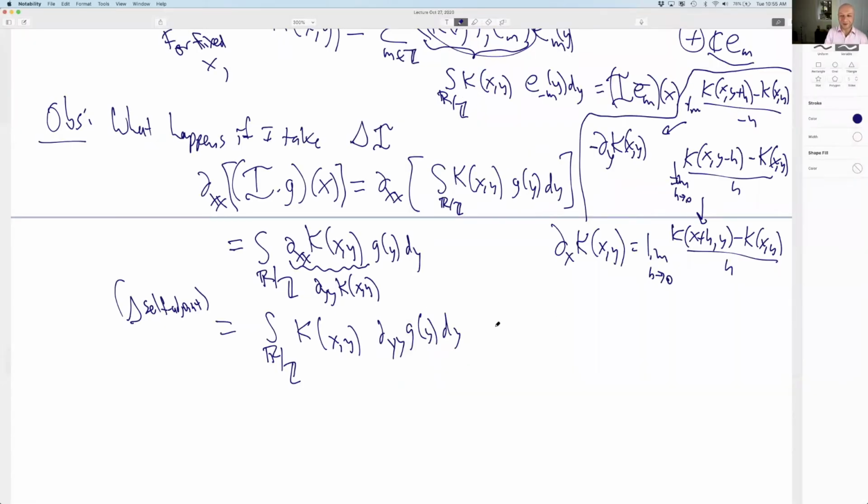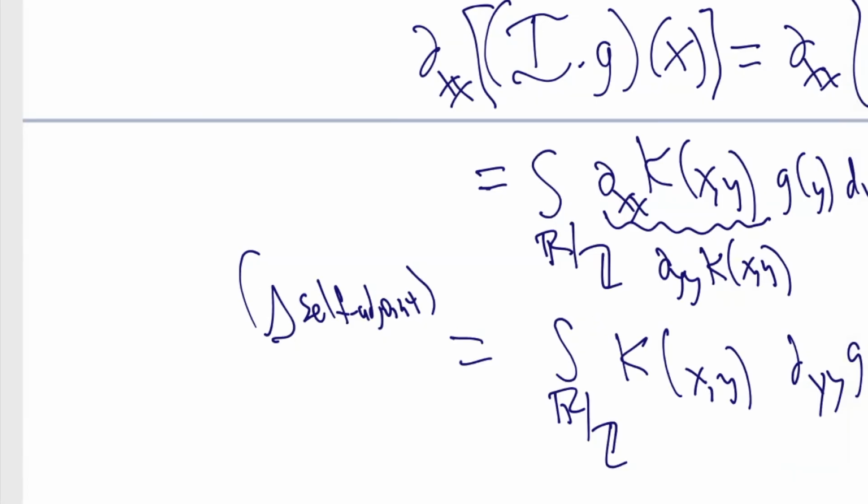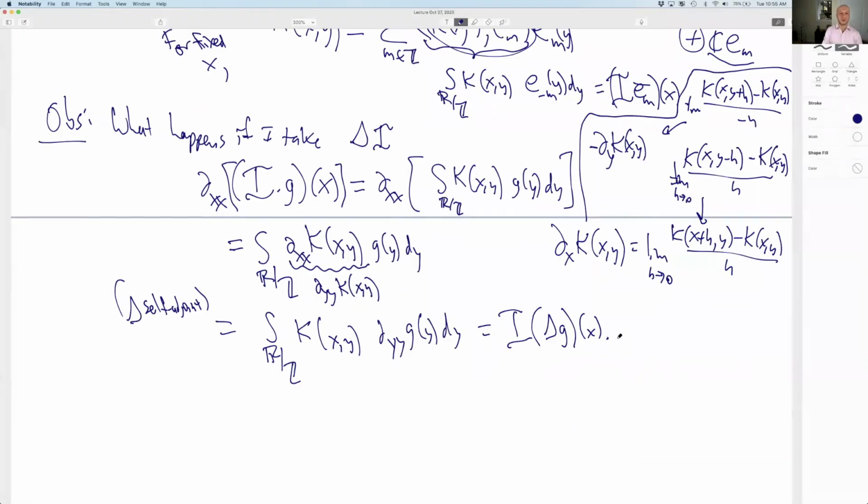And so what has happened, this is the integral operator, not of g, but of delta g. What we've just shown is that the integral operator and the differential operator commute.